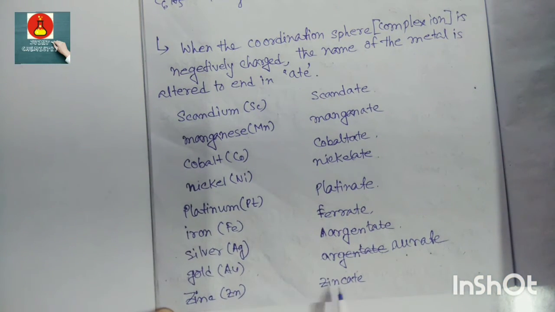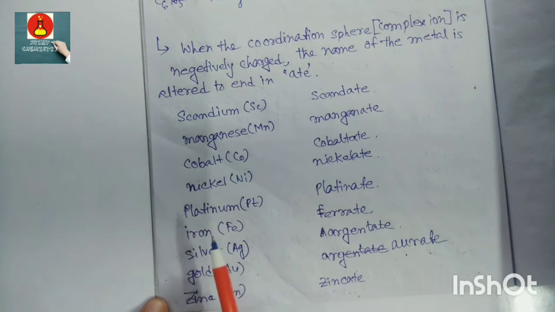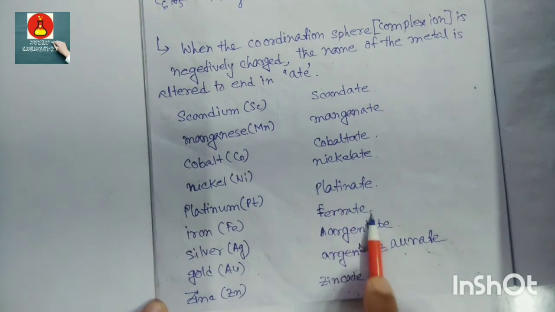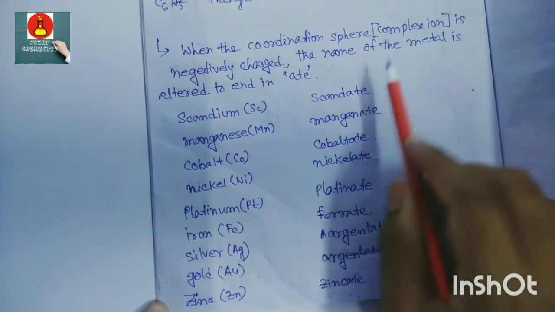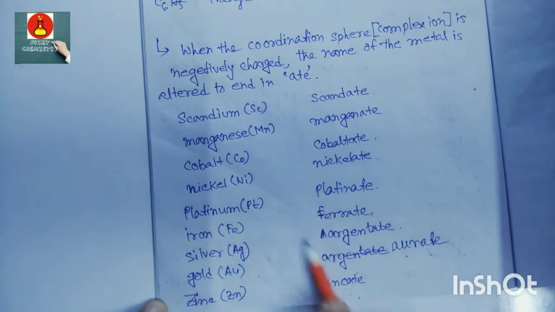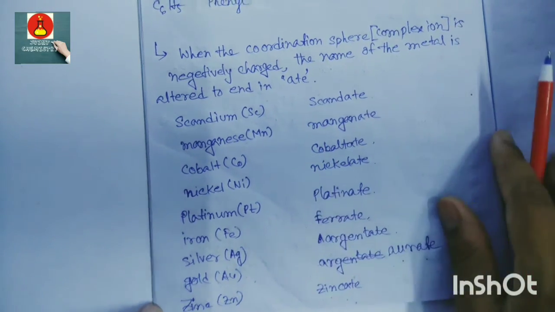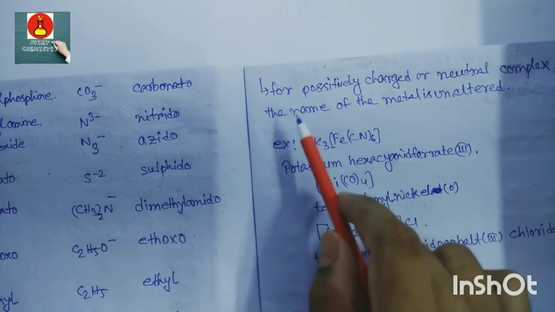For zinc, it is zincate. So these are some examples of metals and their names when their complex ion is negatively charged. Then their name is altered to end with -ate, as you can see in the previous examples also.